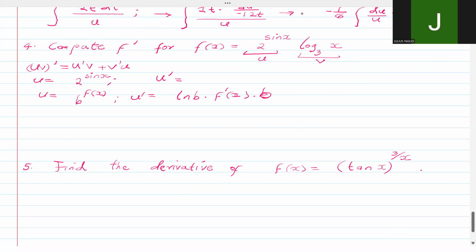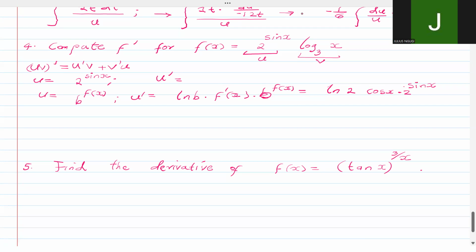Sorry, this is b to the f of x. So my u in this case is ln of the constant, which is given, ln of 2, multiplied by the derivative of sine, that is cosine of x, then attach the original function, that was times 2 sine x.